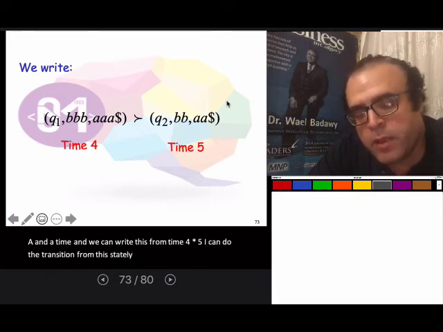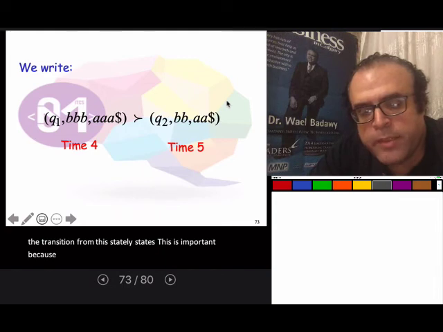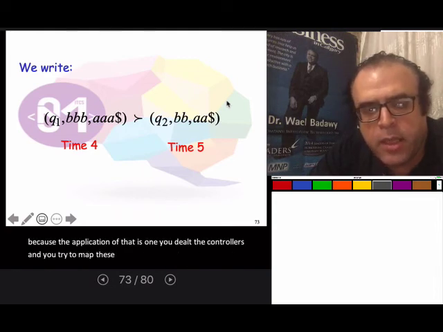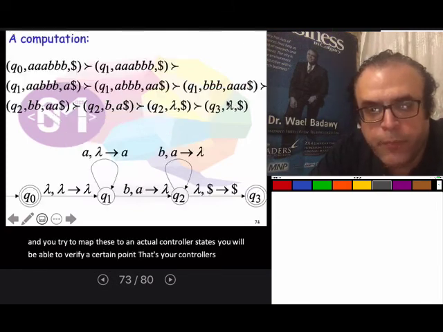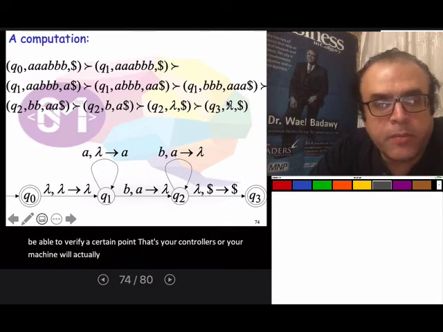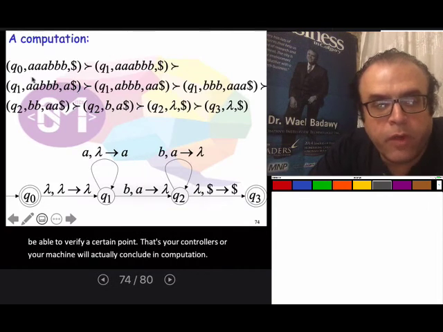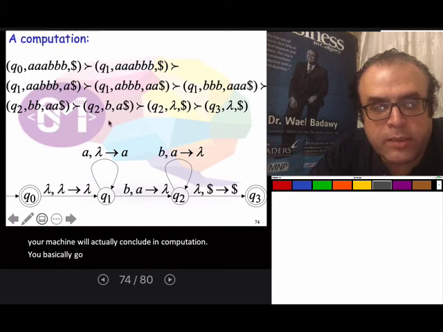This is important because the application of that is when you build controllers and you try to map this to actual controller states, you'll be able to verify at a certain point that your controller or your machine will actually conclude. In computation, you basically go from Q1, Q2. This will be all the transitions from this particular input.